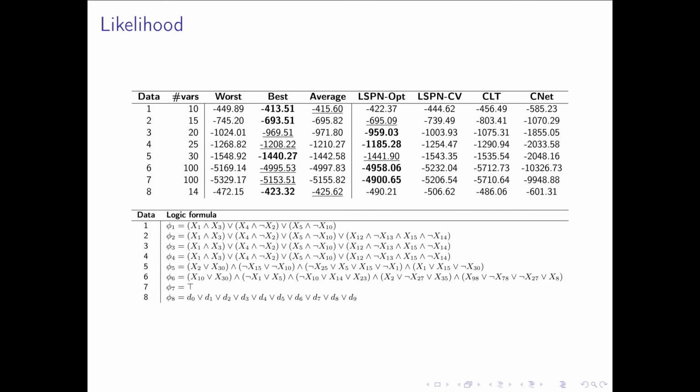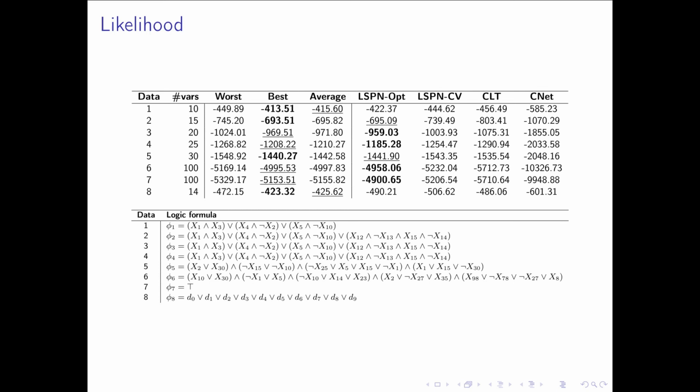Here's a table on the likelihood of various synthetic data sets. These are synthetic data sets produced by sampling a random PSDD, applying random weights to their circuits, and then sampling 100 instances of a data set. These data sets each have a different number of variables, increasing from 10 to 100.